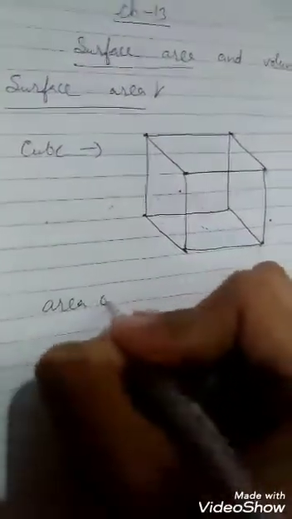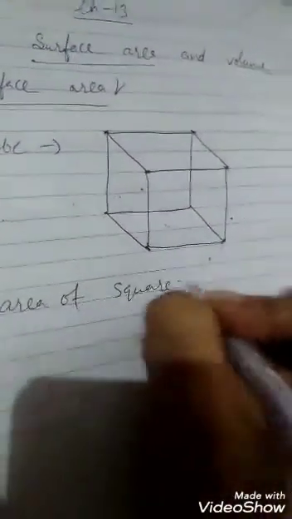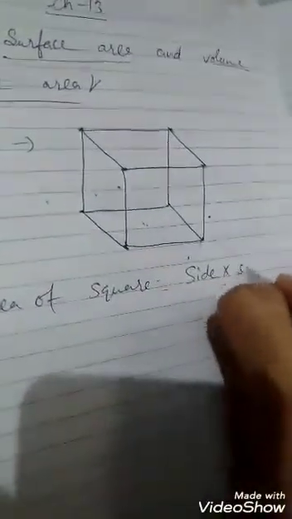If we want to find the surface area of a cube, we will find the area of all the sides of the cube. We know that the area of a square is equal to side multiplied by side.